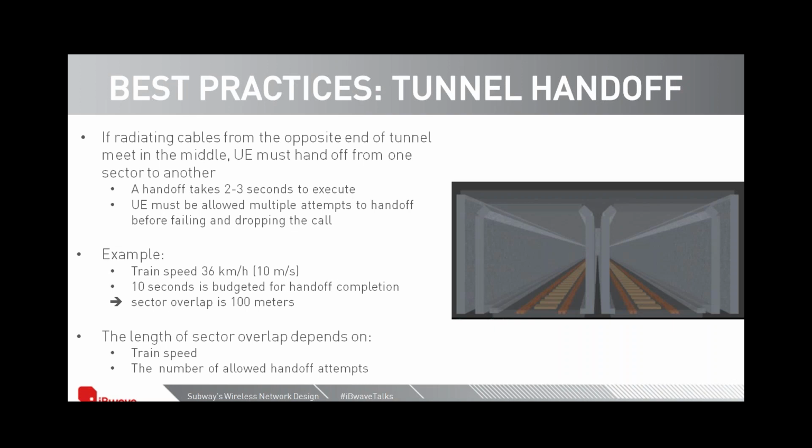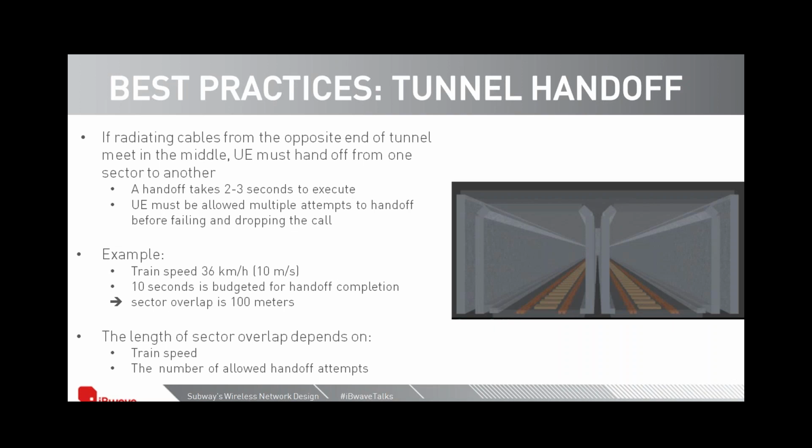Now onwards to tunnel handoff. If we connect radiating cable on each end to a remote unit or node B, then we are assuming that we have different sectors on each end of a tunnel. And if that is the case, then when they meet in the middle, they must facilitate a UE handoff between those two sectors.